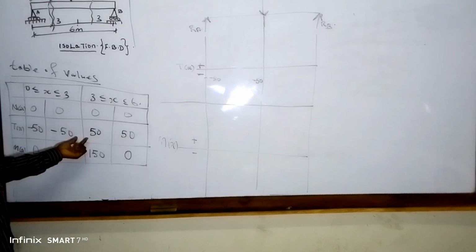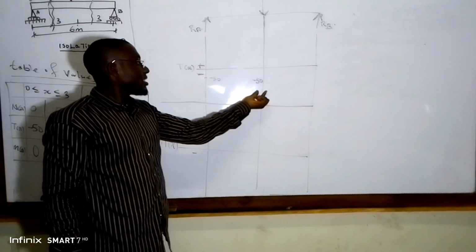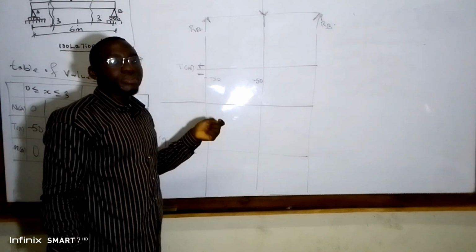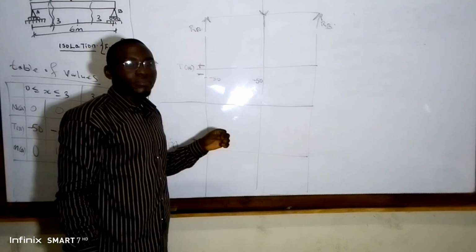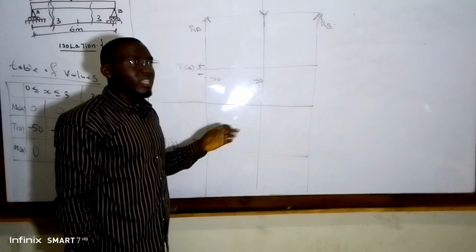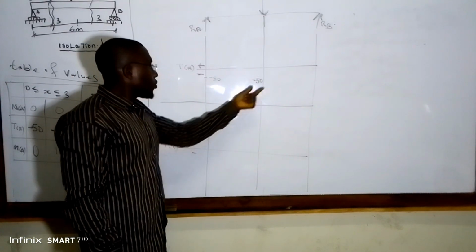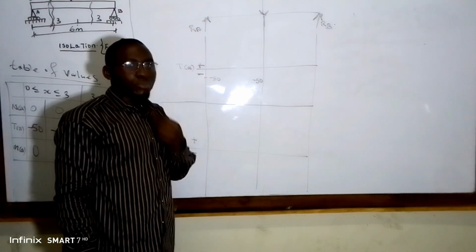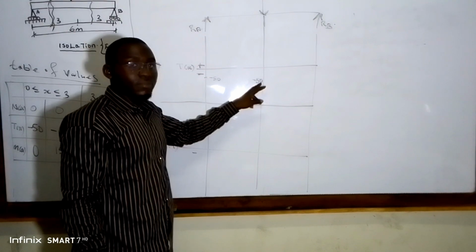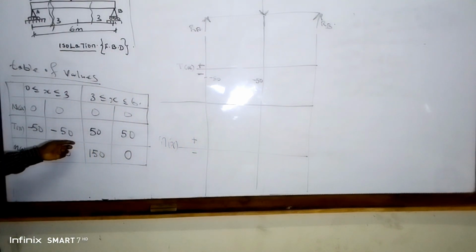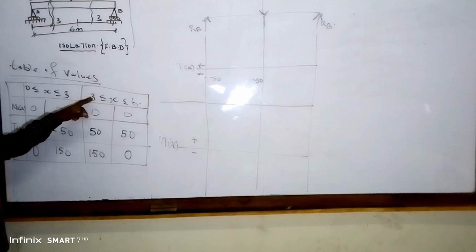Take note: in this line at the center we are going to plot 2 points. Why? Because there is below and there is above. So at this particular line we plot 2 points. We have already plotted 1 point, which is negative 50. The next point we plot there, because it's at the same line of 3 meters.